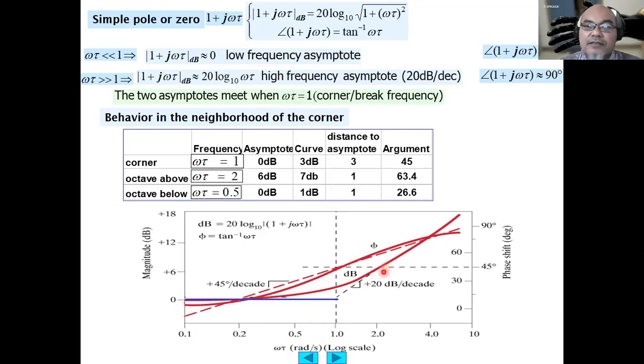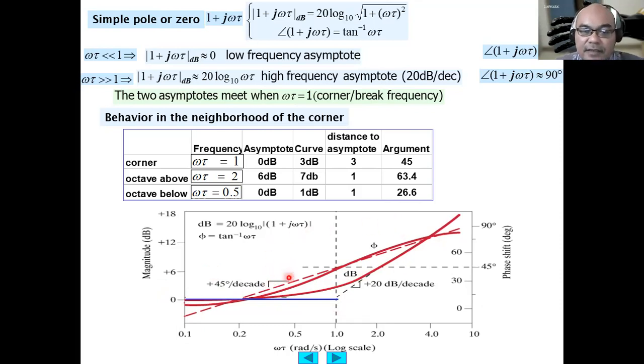When omega tau is much larger than 1, the slope is 20 log omega tau. So it's a linear function towards log omega tau with a gradient of 20 decibel per decade. However, when omega tau is much smaller than 1, this part, it is approaching 0 decibel.